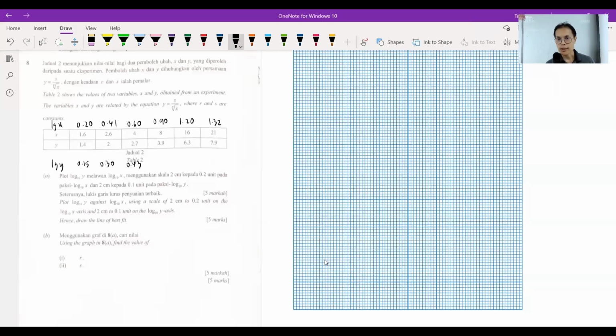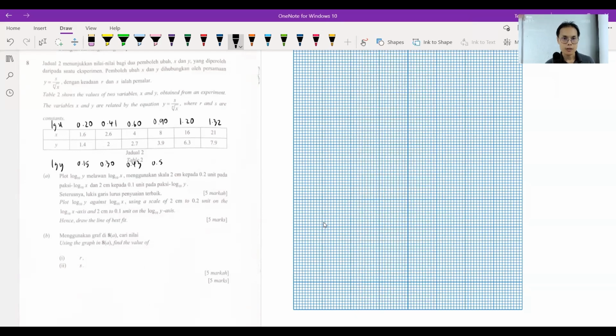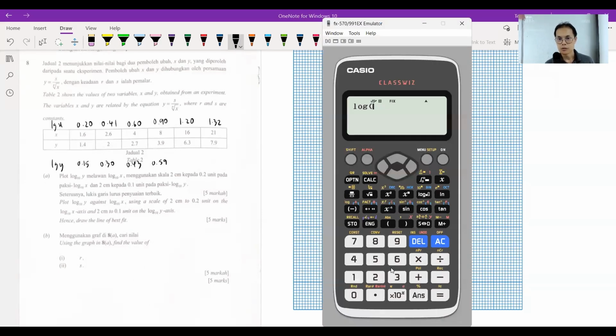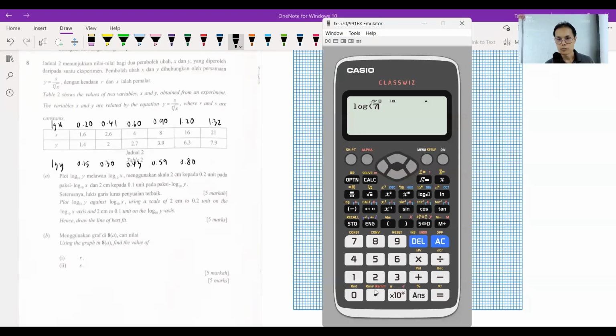Log 3.9. 0.59. Log 6.3. 0.80. Log 7.9. I got 0.9. Yep.